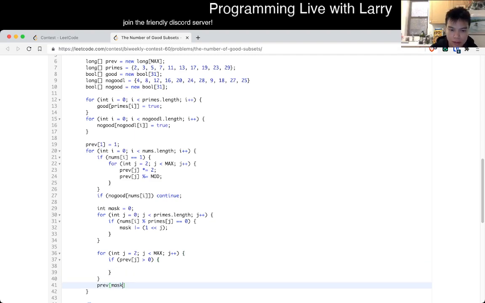Mask. I think this should be good, maybe. Well, I have to do this part, but previous of j and mask is equal to 0, then previous of mask.